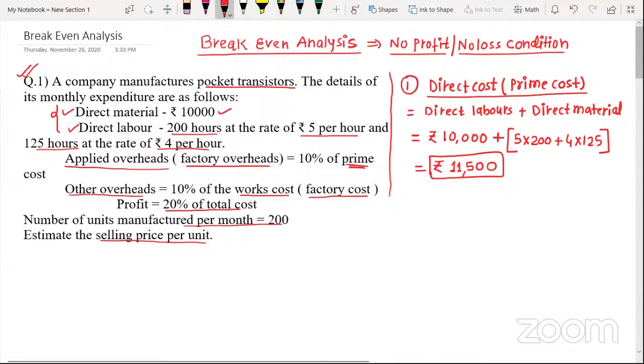Now the second type of cost in this chapter. The first one is direct cost or prime cost, and the second cost is factory overheads.